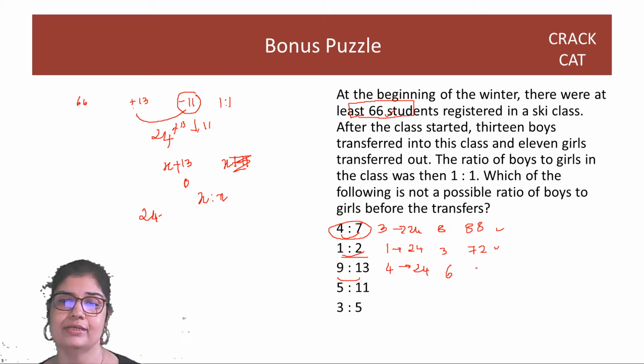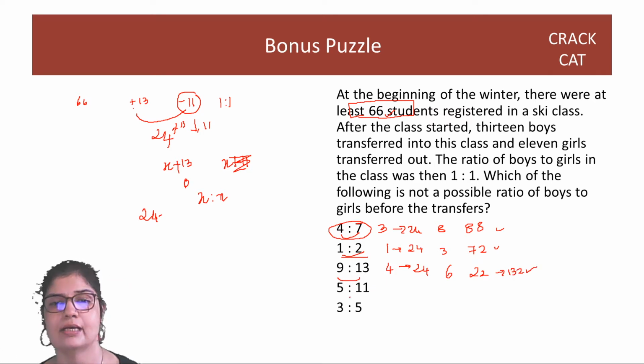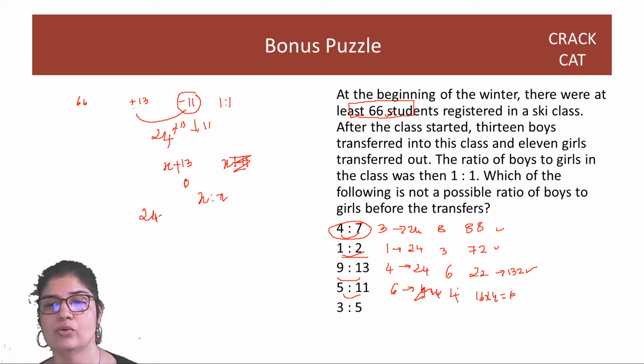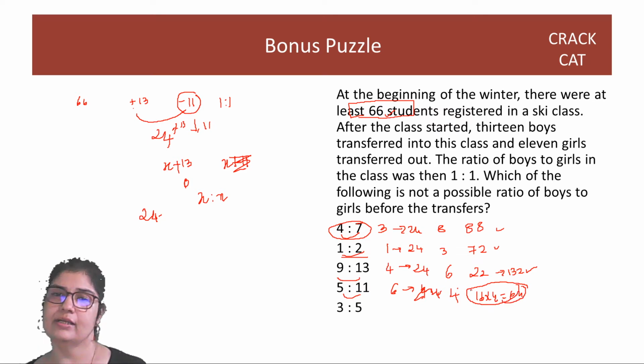And the sum is 22. 22 sixes are 132. Works. Gap is 6. Corresponds to 4. Aha, and now 16, right? 24 multiplier is 4 and 16 fours are 64, which is less than 66. So you see, guys, already you were thinking about 66 students as the constraint and this thing works out straight away. So 5 is to 11 is not possible.